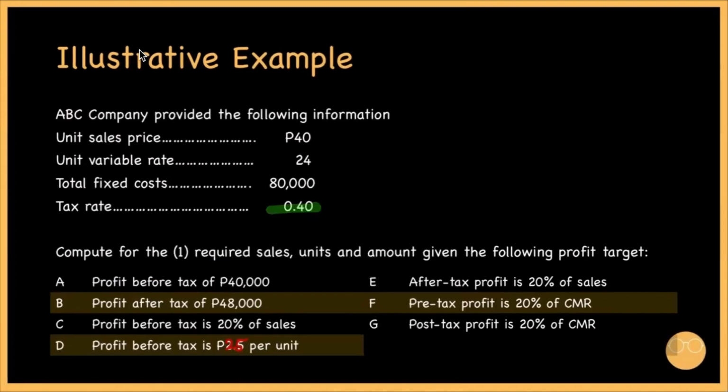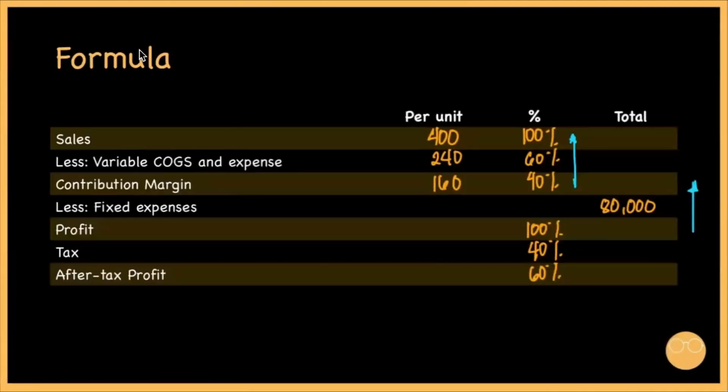For case A, the profit before tax is 40,000 pesos. In the previous lecture video, we have an understanding that the contribution margin at a break-even point should be able to absorb all the fixed expense. So we can work back with the contribution margin, and that will be 80,000 plus 40,000, amounting to 120,000 pesos.